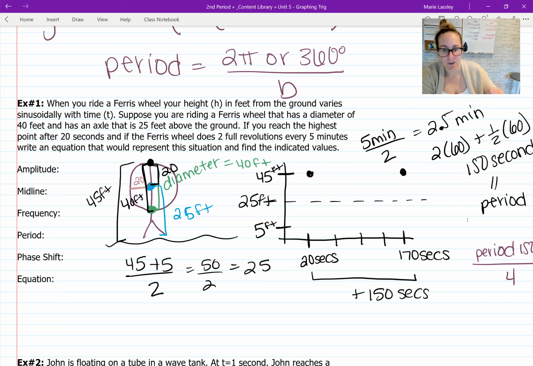So we're going to divide 150 by 4, and 150 divided by 4 is 37.5.